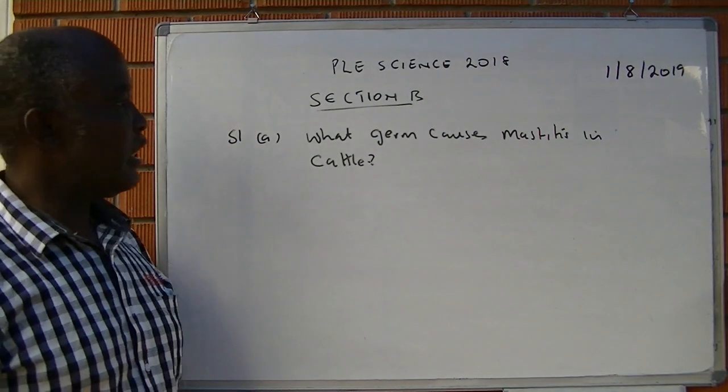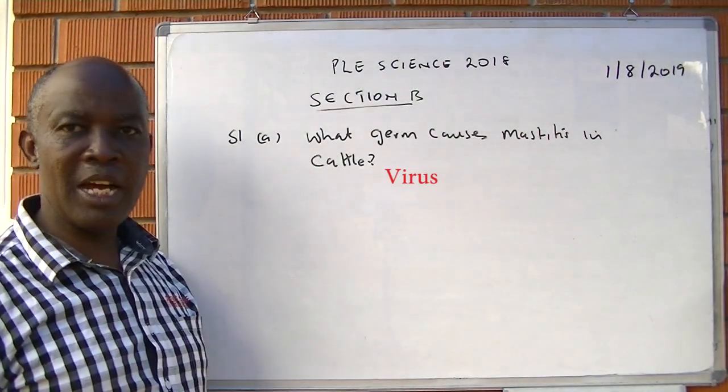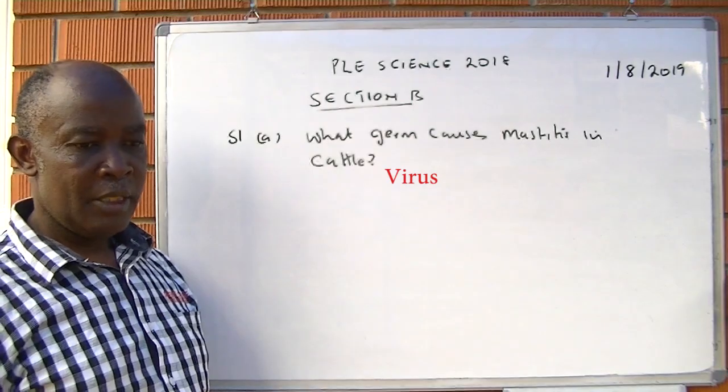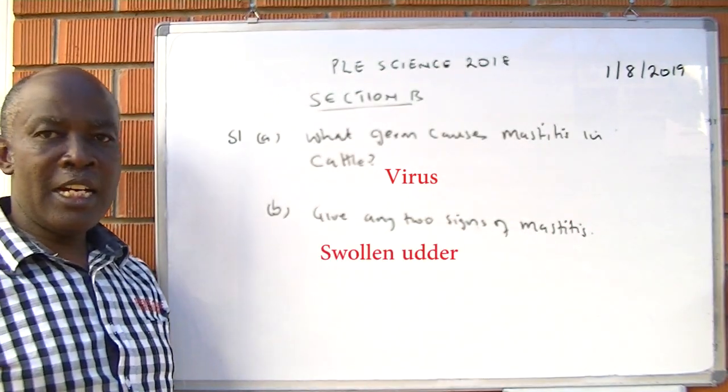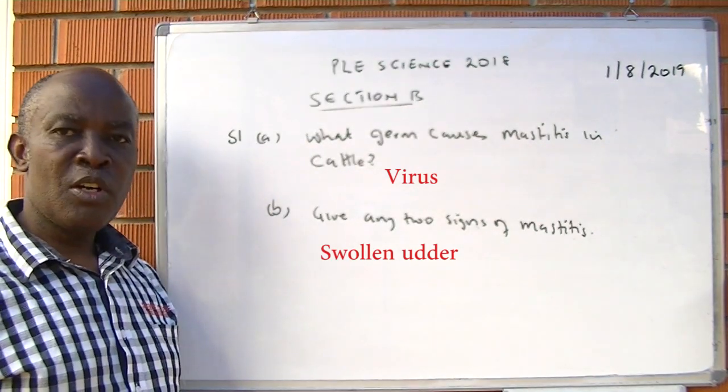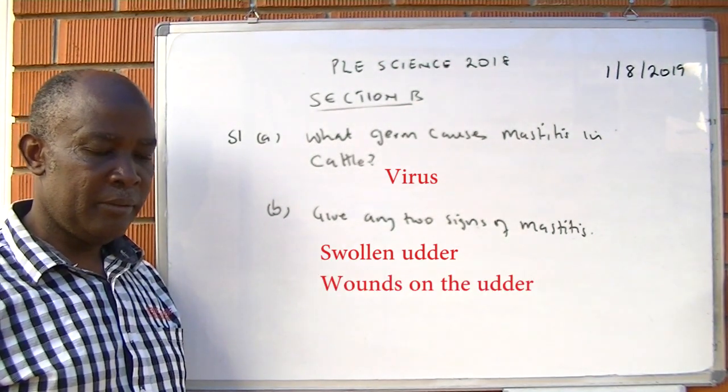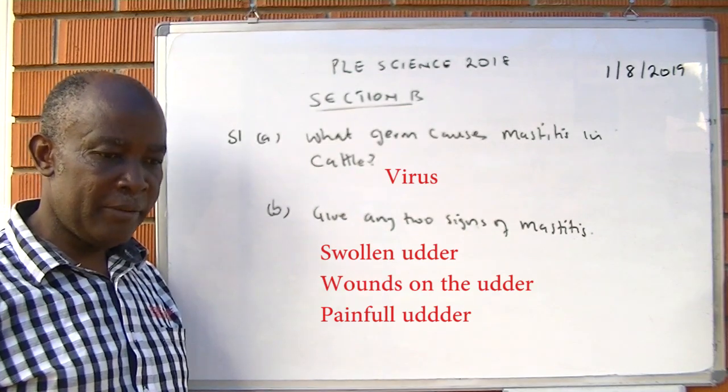What germ causes mastitis in cattle? That is a virus. Give any two signs of mastitis. That is a swollen udder, wounds on the udder, painful udder.